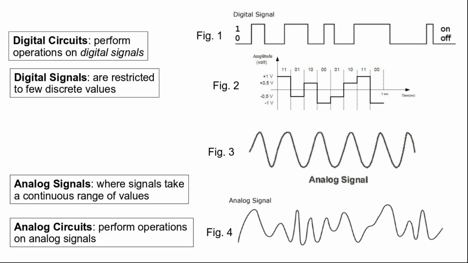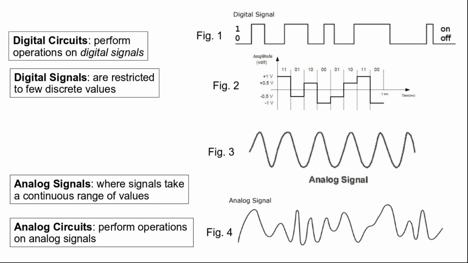So for example, even between 30 degrees centigrade and 31 degrees centigrade, we can have an infinite number of values. For example, 30.5 degrees centigrade or 30.55 degrees centigrade or 30.592 degrees centigrade. So like that, a signal can take an infinite number of values.